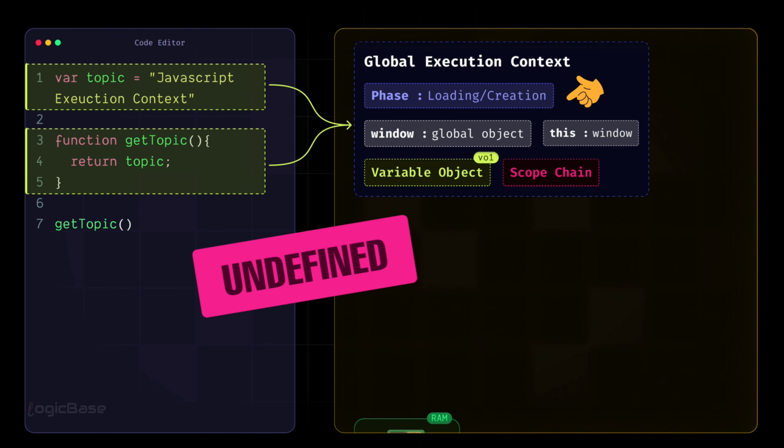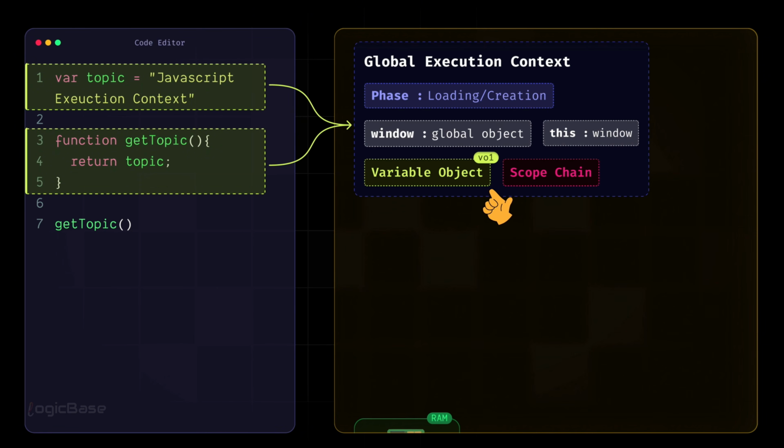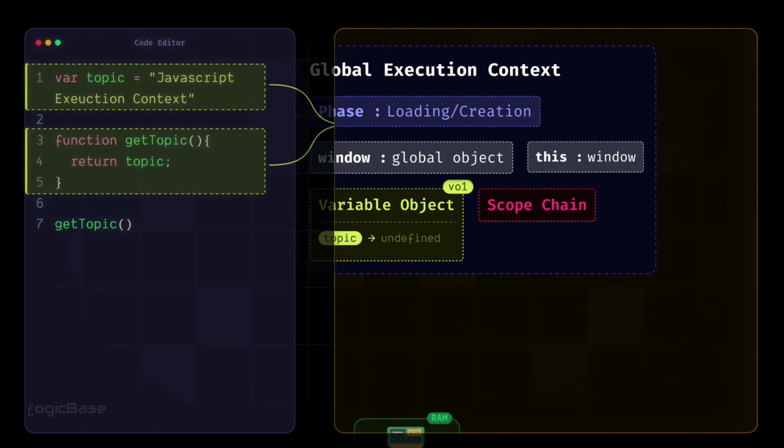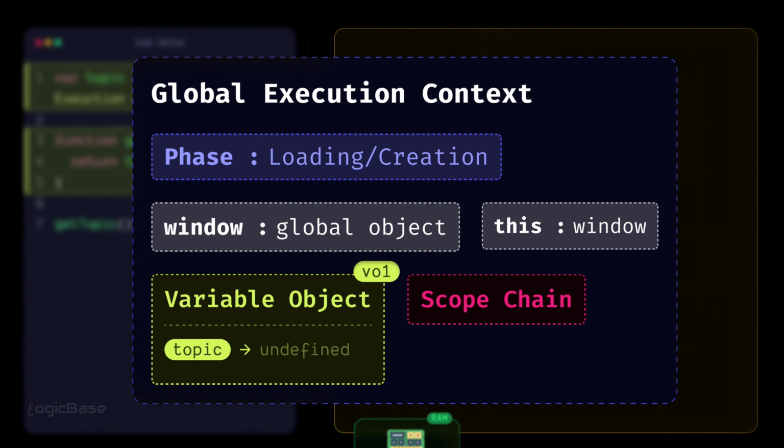As I mentioned earlier, there's something inside the global execution context called the variable object. During the loading phase, JavaScript allocates a specific space in memory for every variable declared in the code. So, for example, a memory slot is created for our variable topic, and JavaScript assigns it the value undefined at this stage. Similarly, the getTopic function is also stored inside that same variable object.